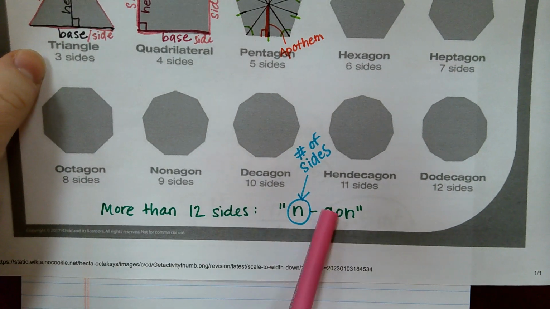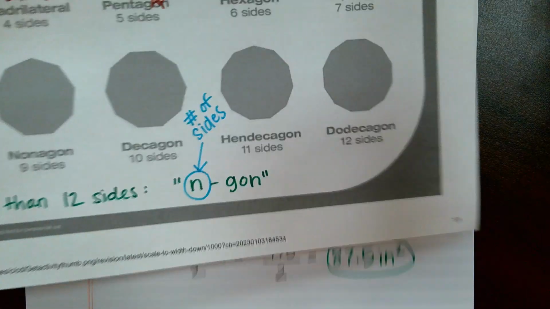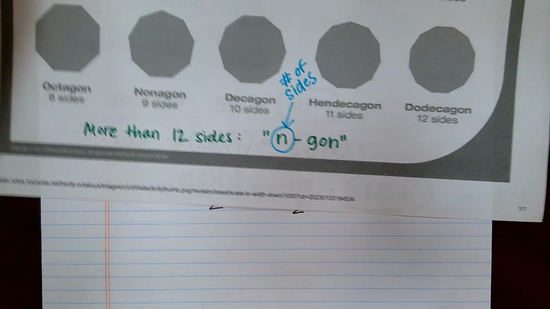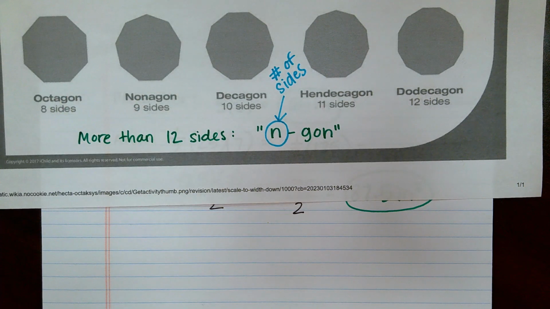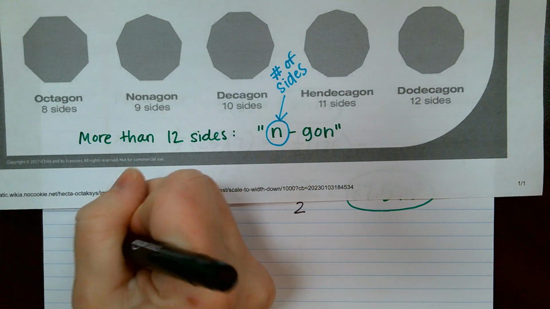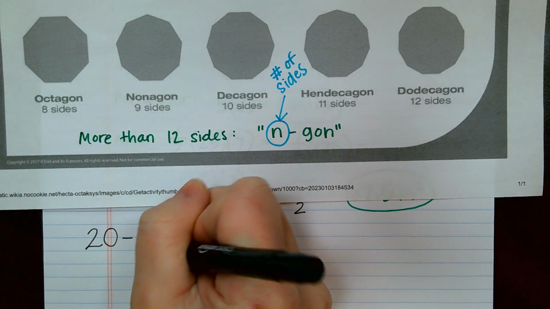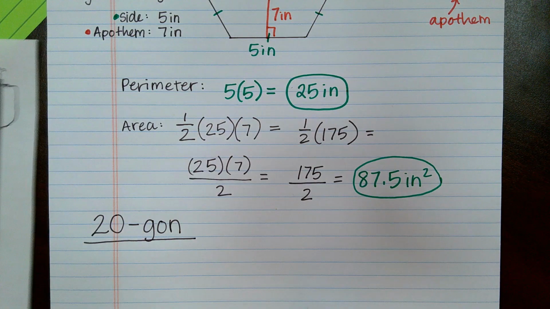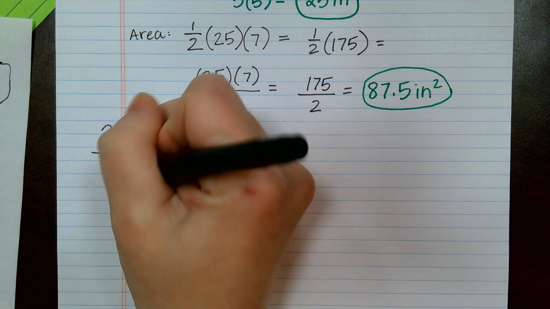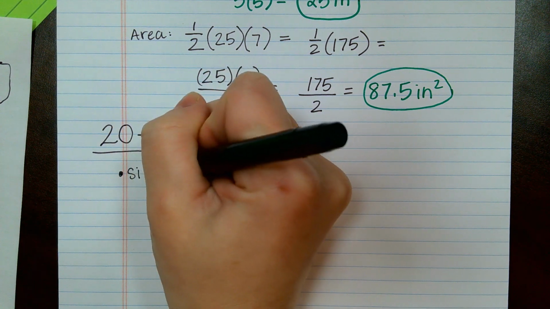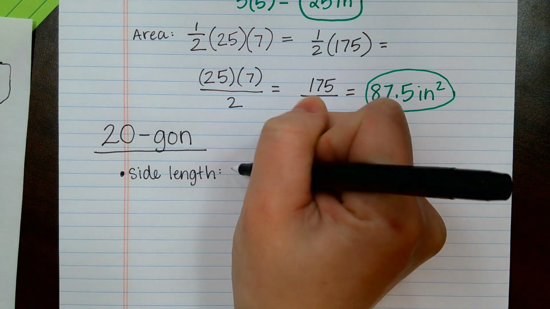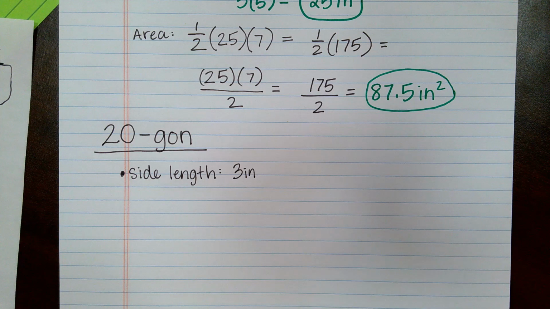Let's actually use that n-gon idea and find the area of something else. What if I gave you a 20-gon? On this 20-gon, our side length is 3 inches.